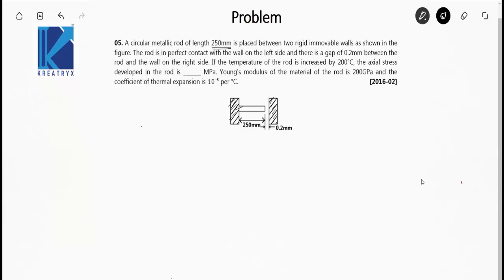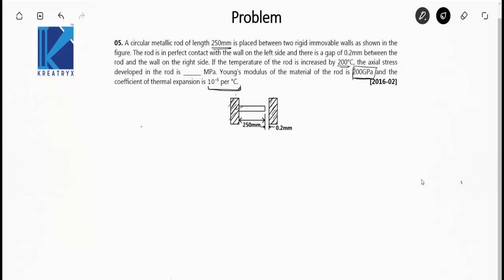If the temperature of the rod is increased by 200 degrees Celsius, the axial stress developed in the rod is, so I have to find the axial stress. The Young's modulus of the material is 200 gigapascal, and the coefficient of thermal expansion is 10 raised to the power minus 5 per degree Celsius. Now let's analyze this question.